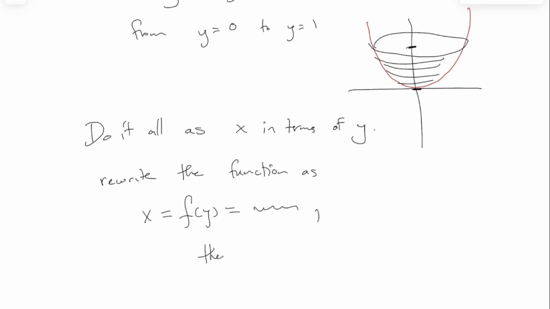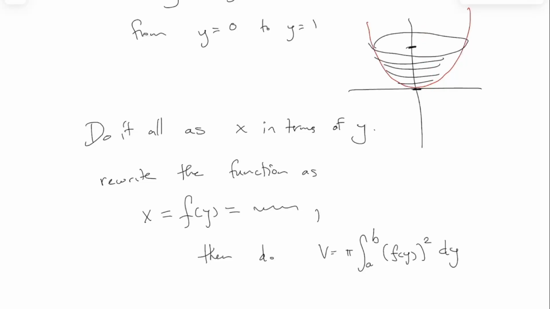Then the volume is pi times the integral from a to b of f of y squared dy. You do the same formula, but using y as the main variable, and the a and b represent y values, not x values. That's appropriate for our setup here.